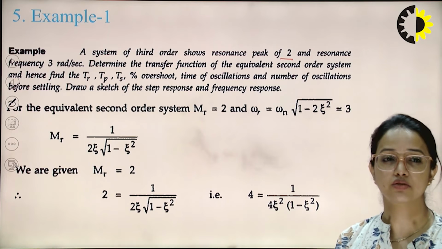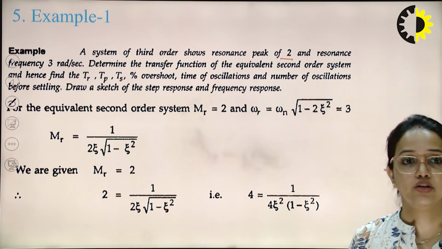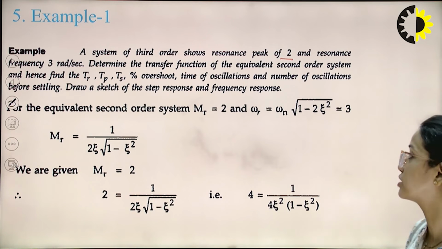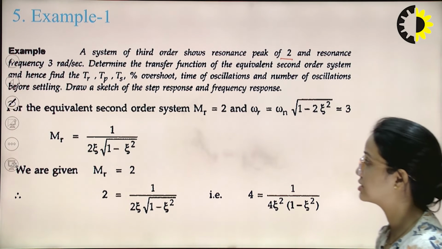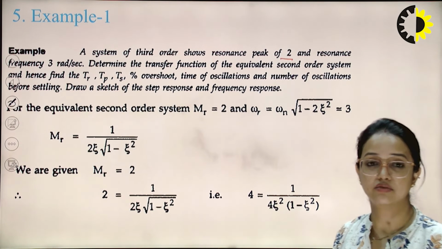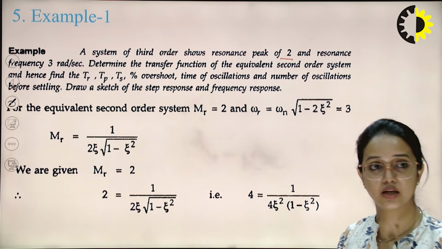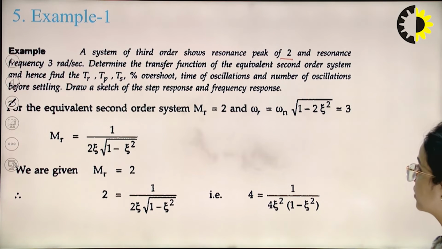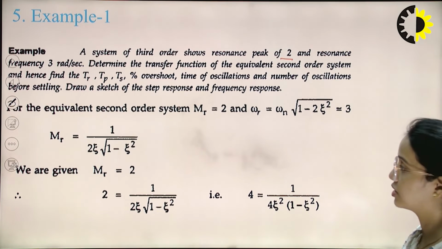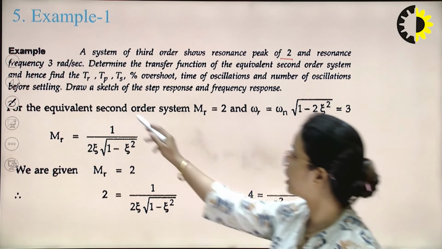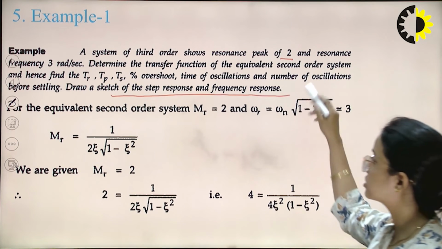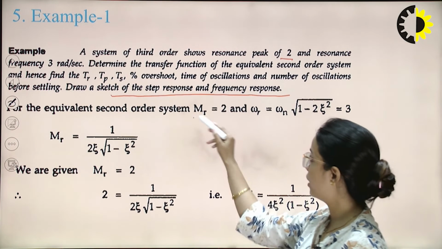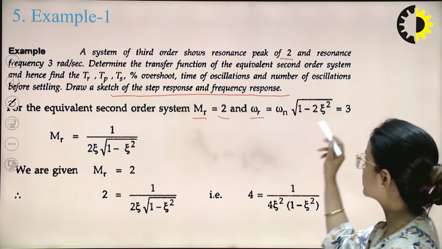Determine the transfer function of the equivalent second order system, and then we have to find TR, TP, TS, that is rise time, delay time, settling time, peak overshoot time, time of oscillation, number of oscillations before settling, and then draw a sketch of the step response and the frequency response. So for this, MR is given as 2 and omega R is given as 3.